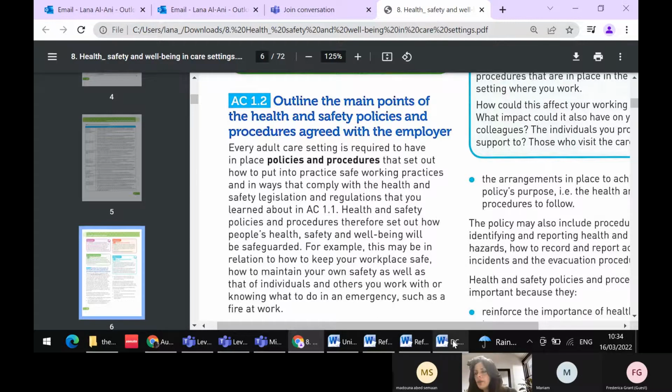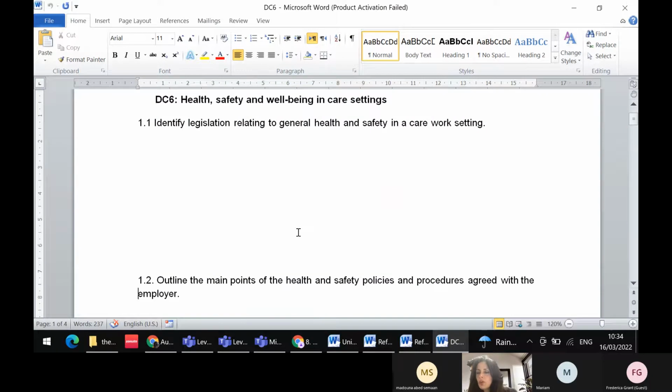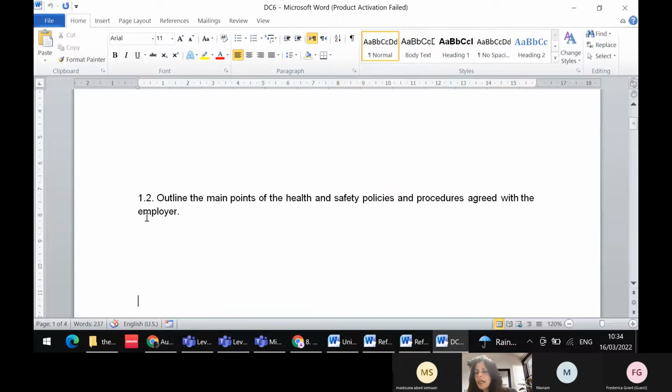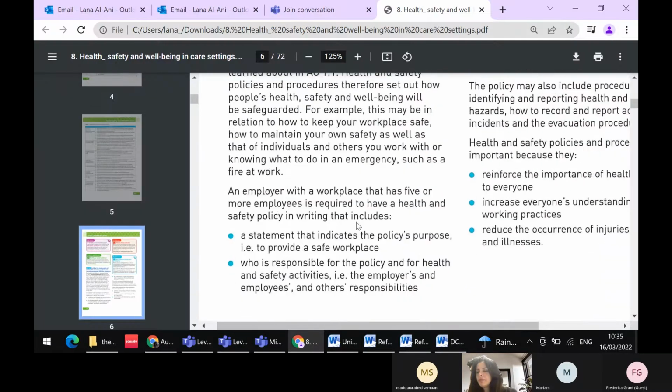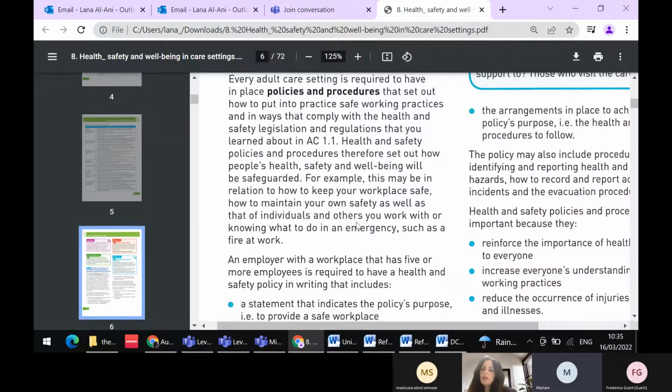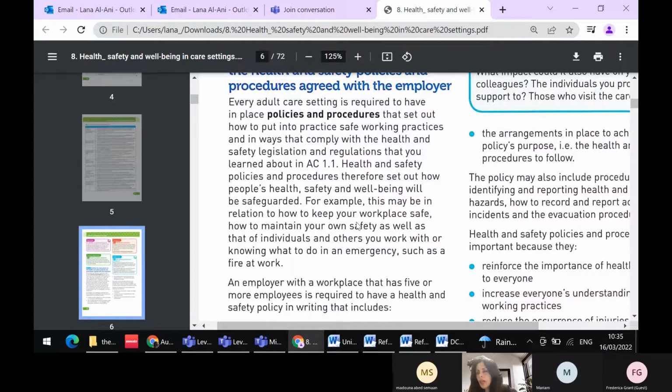Now to answer question 1.2. It says outline the main points of health and safety policies and procedures agreed with the employer. So what's the main point? Can you think about it?